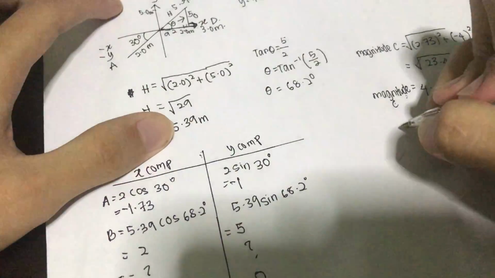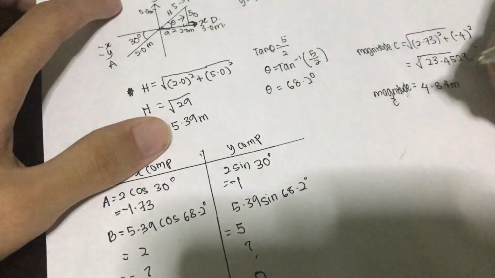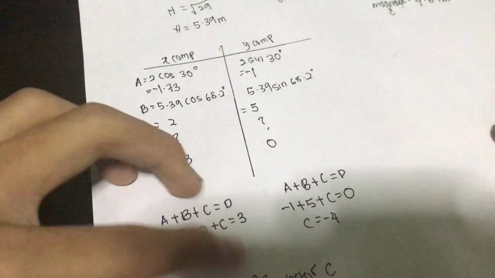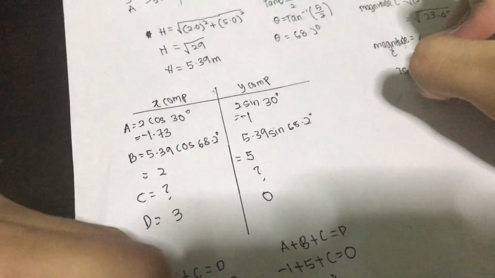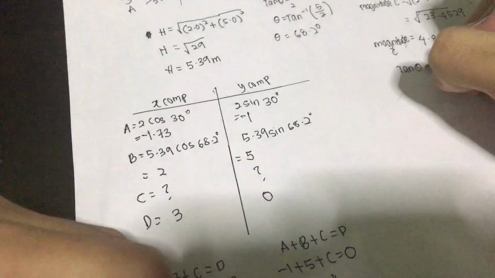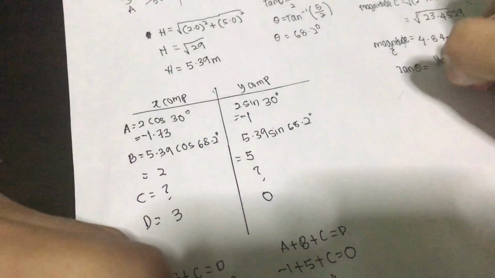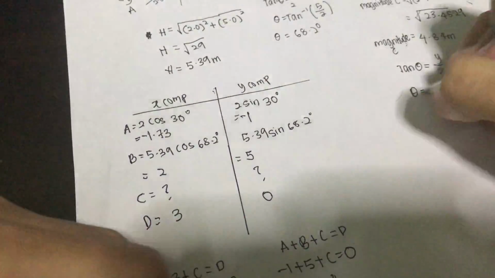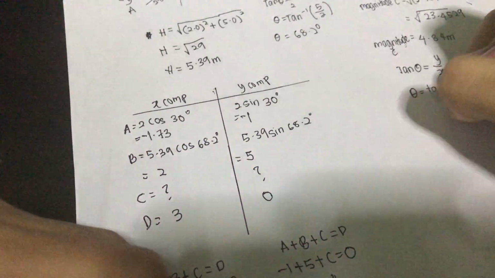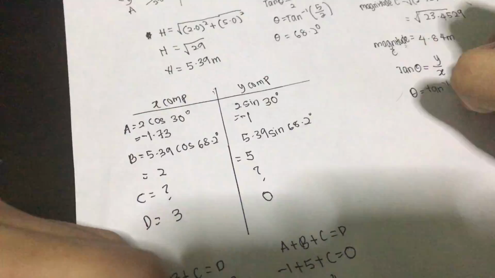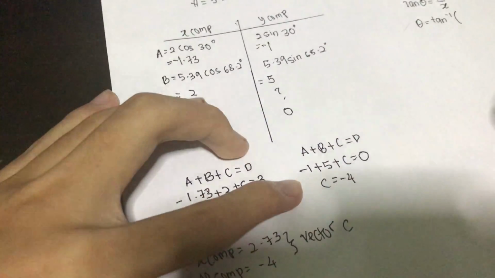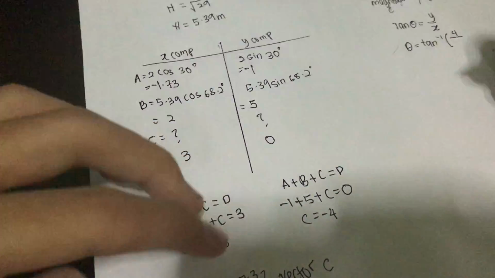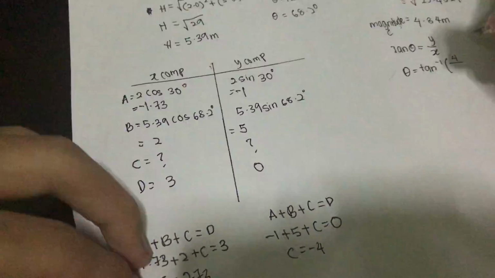Alright, and also we should find the phase of vector C. So we use tangent because we have the x component and y component. Tangent theta equals y over x, and theta, the tangent moves to the right side, and we get tangent inverse. Y we get negative 4, so we can put 4, and 2.73.